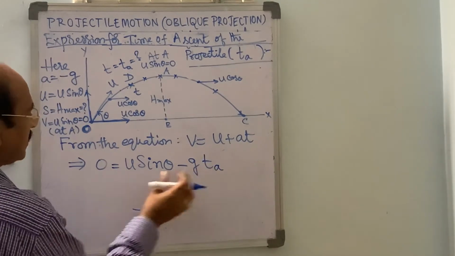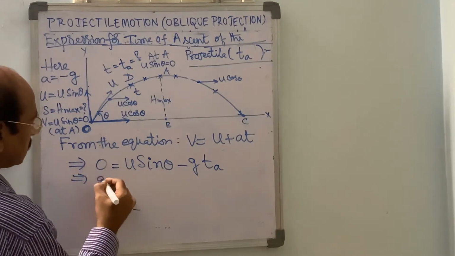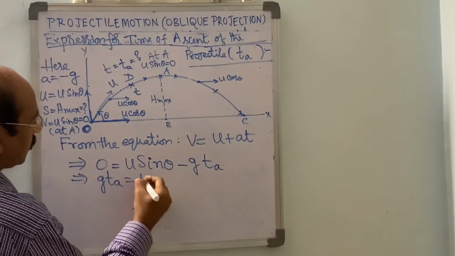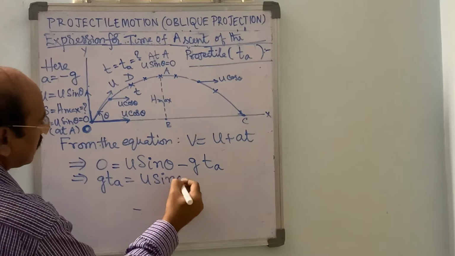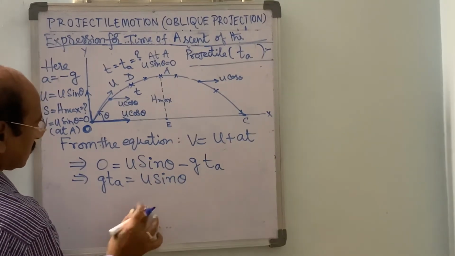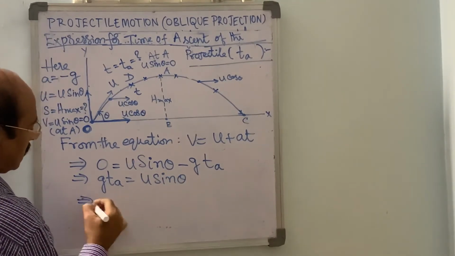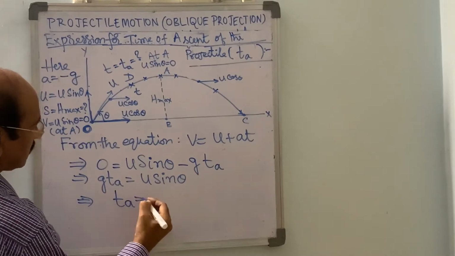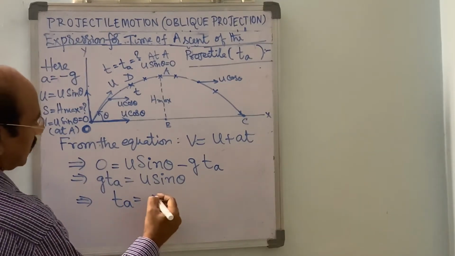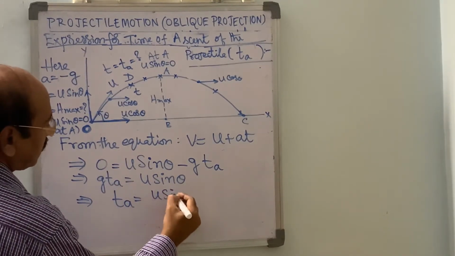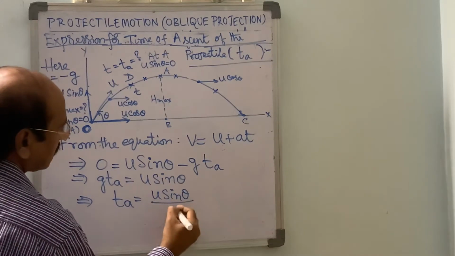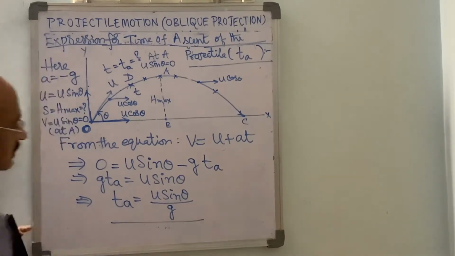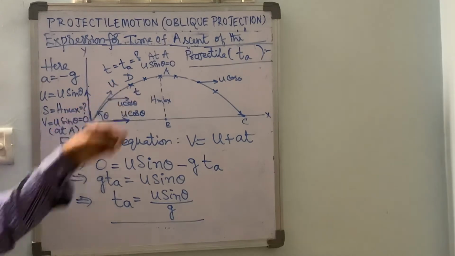From this, g Ta is equal to u sin theta, or time of ascent Ta is equal to u sin theta by g. This is the expression for time of ascent.